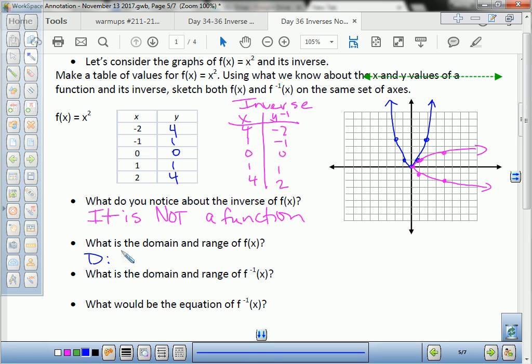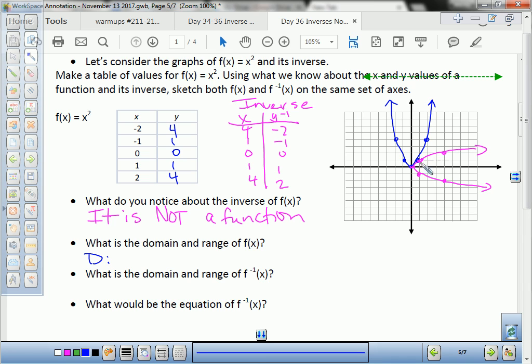It switches it. So, we so far have studied inverses of lines, cubics, and cubed roots. Well, the interesting thing about all three that we have chosen so far is their domain and range are both negative infinity to positive infinity. So if you switch it, do you notice anything? No, it's the same. So you don't notice.